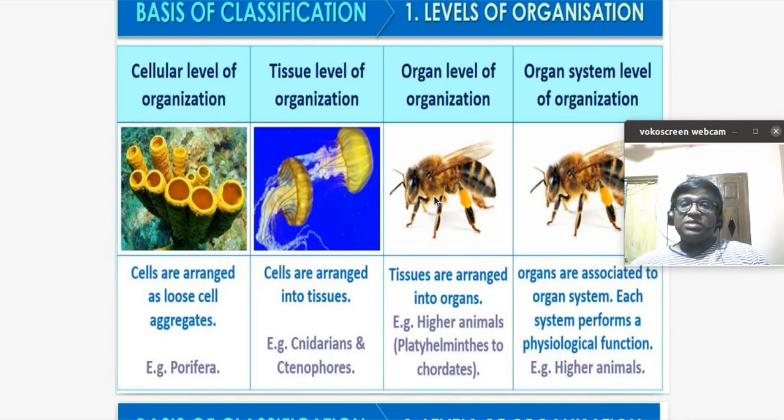The organ system level of organization, you notice in higher animals. These are things that you have to remember about how animals are classified based on their levels of organization: cellular grade, tissue grade, organ level, then organ system level of organization.